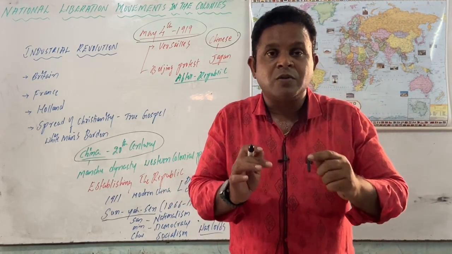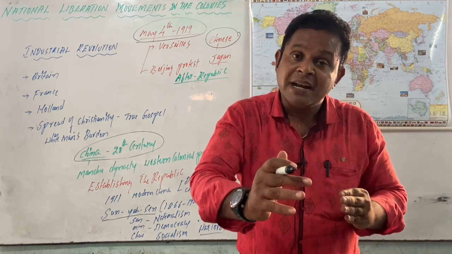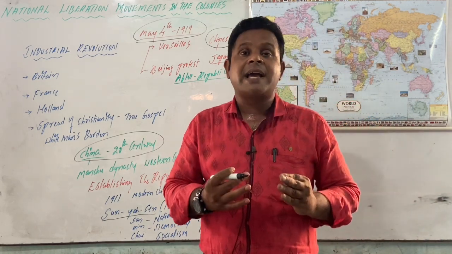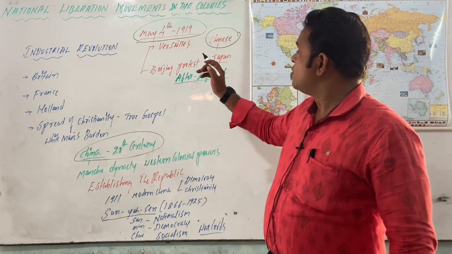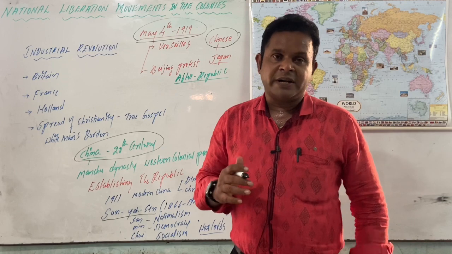What I want to make clear is that the Chinese territories under the control of Japan, the Chinese were trying to get back. That movement is what we call the May 4th Movement, in protest.